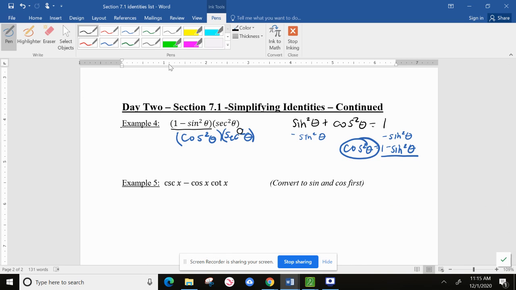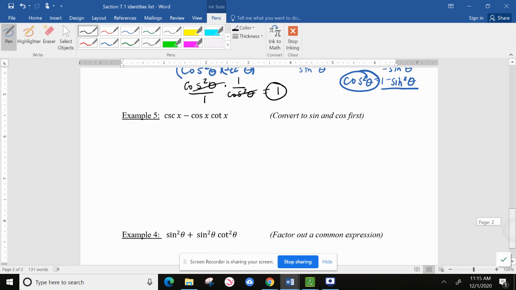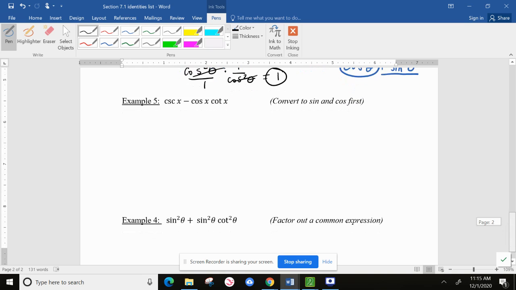I think that I will change the secant squared to be a 1 over cosine squared. And when you do that, you can simplify these because these two quantities will cancel and you're just left with 1. You don't always get a 1, but it sure seems to happen a good bit. Sometimes you'll have 1 and a little bit left over, but in that one it is just a 1.